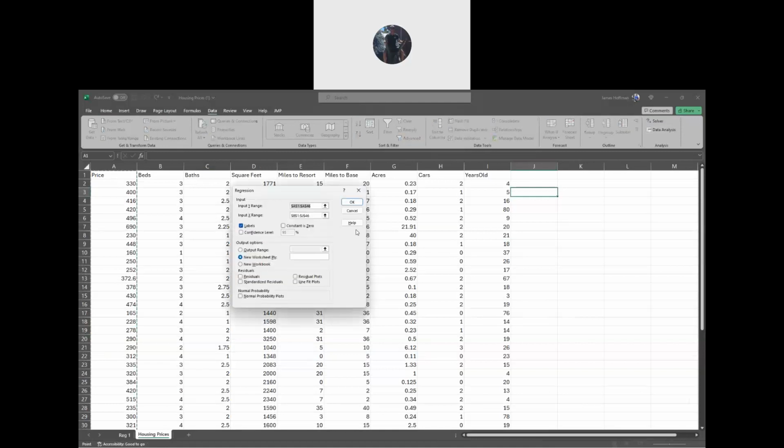The Y range should be the same, and the X range, if you just change it from J to I, it'll get the right range. So Y range is the same, A1 to A46, and X range is now B1 to I46. Nothing else changes, and hit OK.